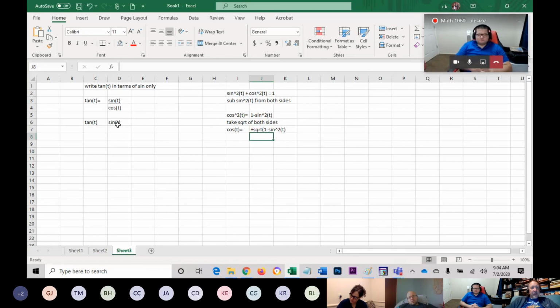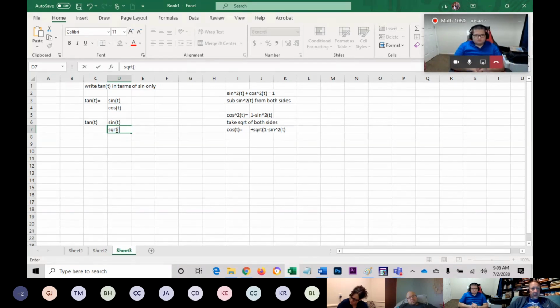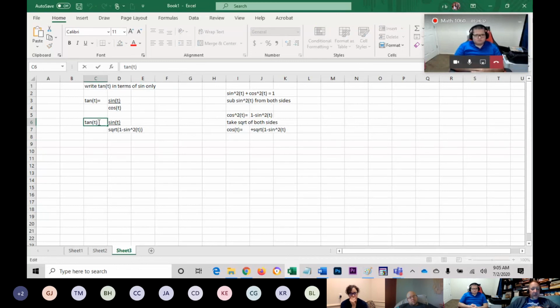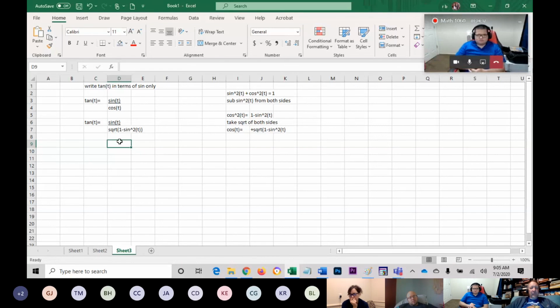So in this case, I've now written the tangent of t is the square root of 1 minus the sine squared of t. And so now I've rewritten the tangent of t as simply a ratio of the sine of t. Does that make sense?